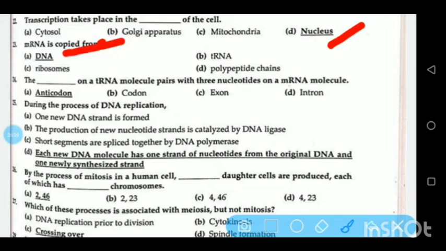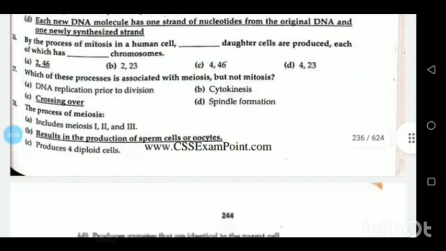The anticodon on the tRNA molecule pairs with 3 nucleotides on a mRNA molecule. During the process of DNA replication, each new DNA molecule has one strand of nucleotides from the original DNA and one newly synthesized strand. By the process of mitosis in a human cell, 2 daughter cells are produced, each of which has 46 chromosomes.